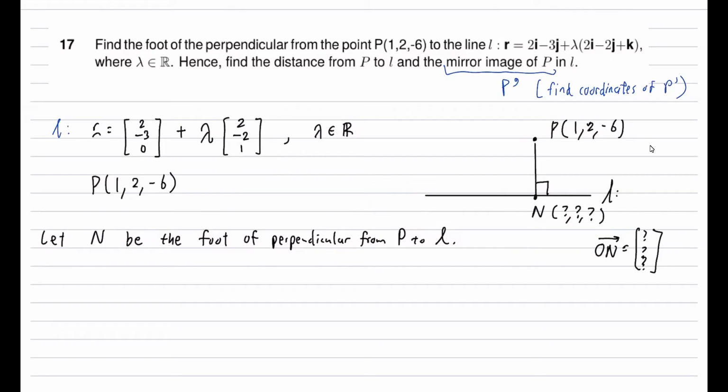It's incomplete. Your line L always has two parts, right? Can you tell me what (2, -3, 0) represents? The position vector. So it's basically telling you there is a point whose coordinates are these. Let's just call this point A, conventionally point A. It passes through the point (2, -3, 0).